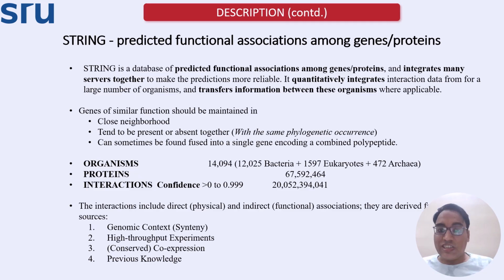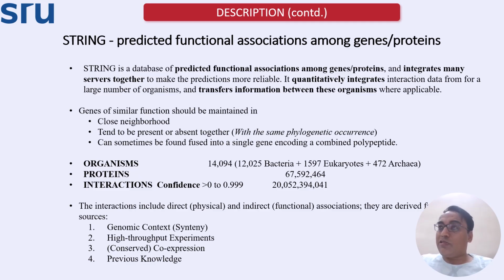Now, for these interactions, it also assigns a confidence score. Confidence score means something which is experimentally shown to be there gets high confidence. But something which is just predicted with similarity, so if the similarity score is very high, of course the confidence increases.